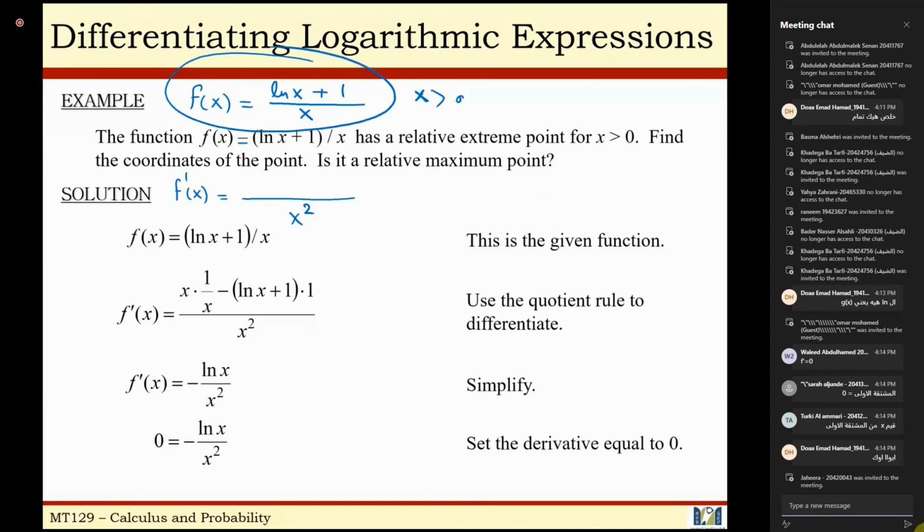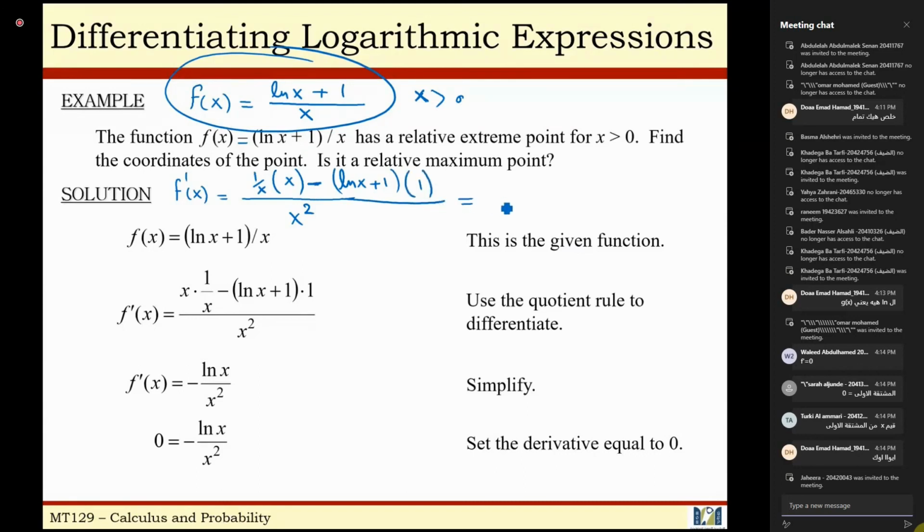The first derivative of numerator, the derivative of numerator 1 over x multiplied by denominator x, minus ln x plus 1 multiplied by the derivative of denominator 1.